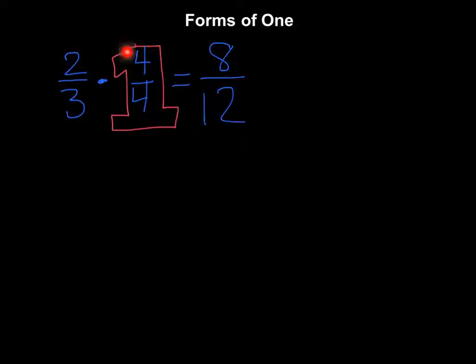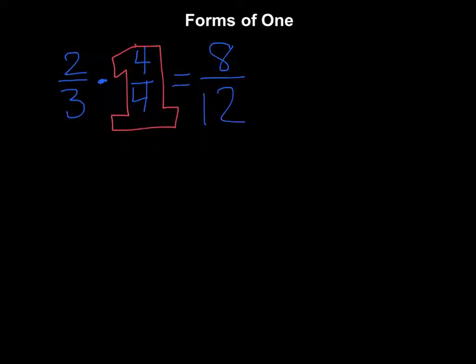So since we multiplied by 1, this amount is the same amount as that. But because this is a form of 1, it looks different. But they're really the same. And if we reduce this, we just reduce it back to 2/3. So 2/3 and 8/12 are exactly the same.